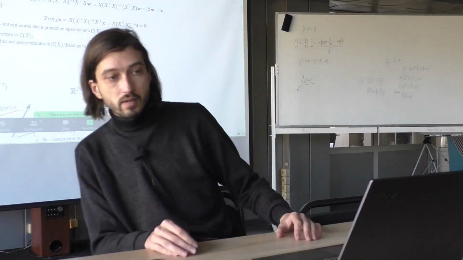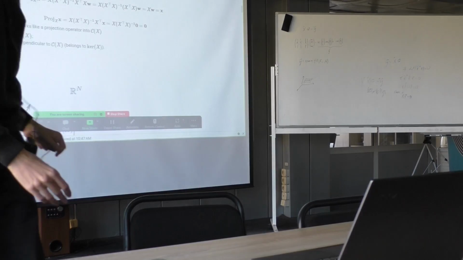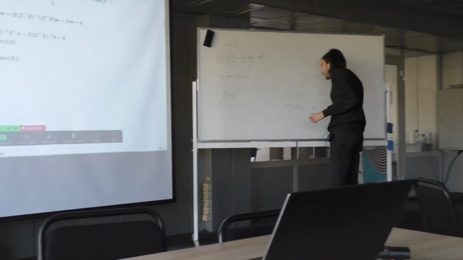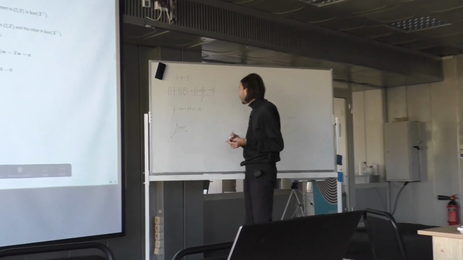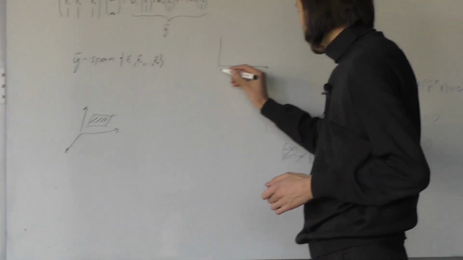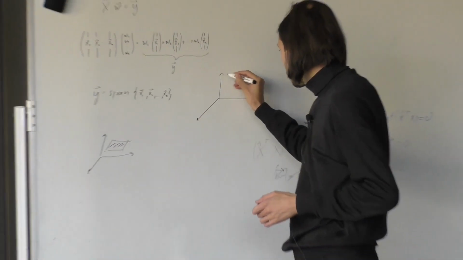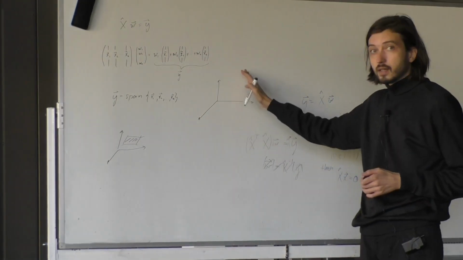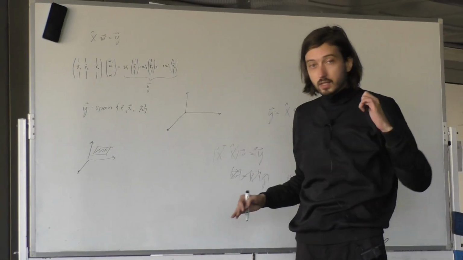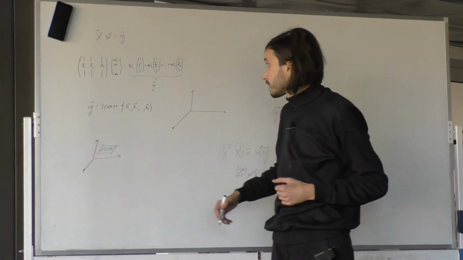So let me return to the whiteboard and reiterate once again. That's a really nice idea. So here is my ambient space. The number of dimensions of that ambient space is equal to the number of measurements that I have.